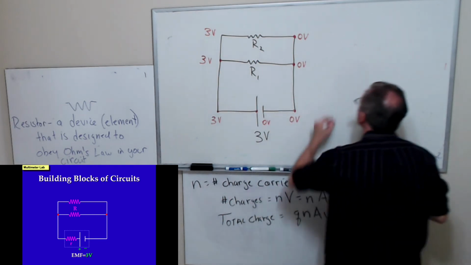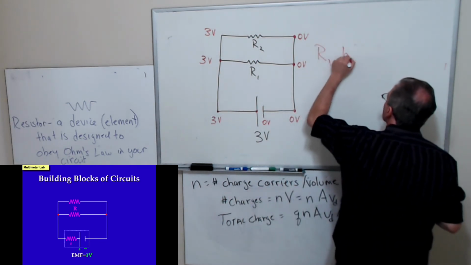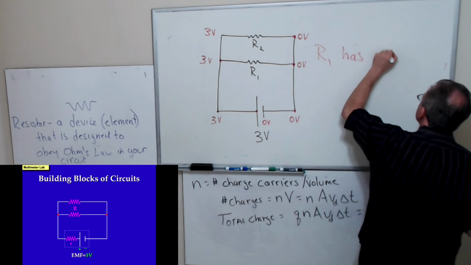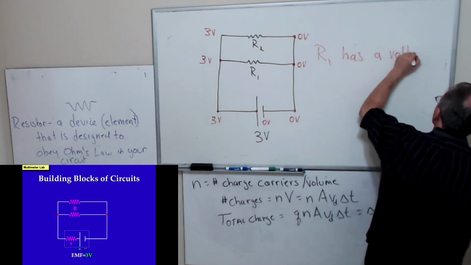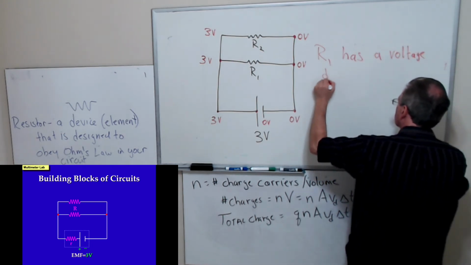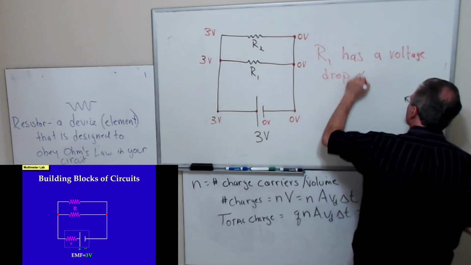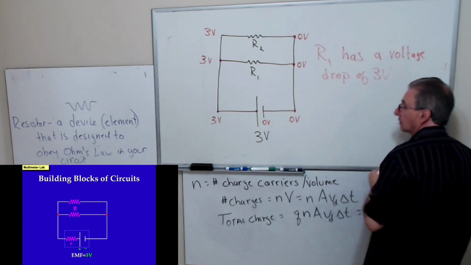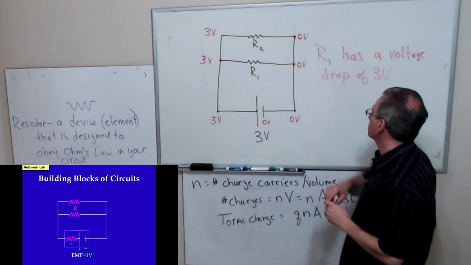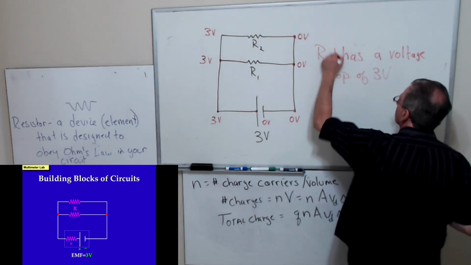So R1 has a voltage drop of 3 volts. R2 has a voltage drop of 3 volts.